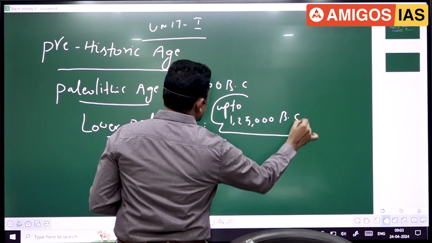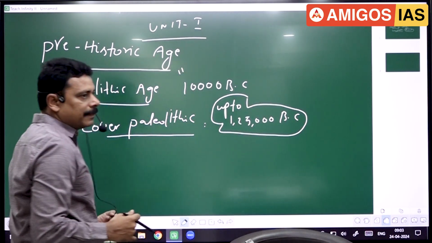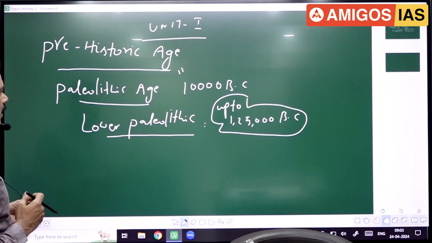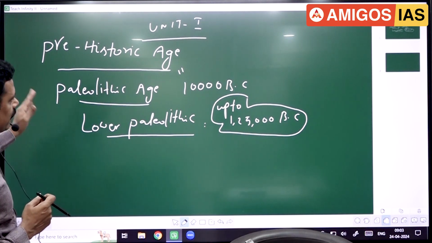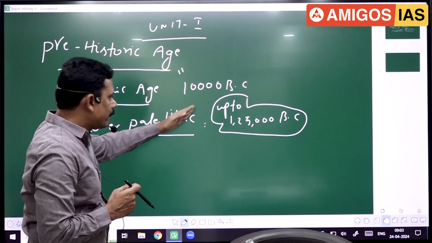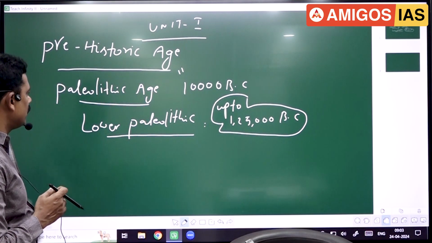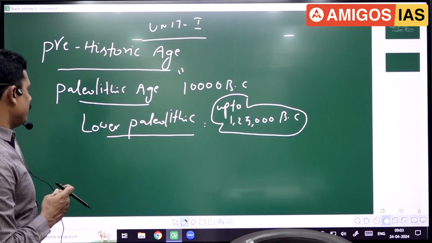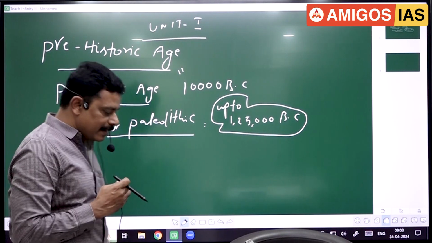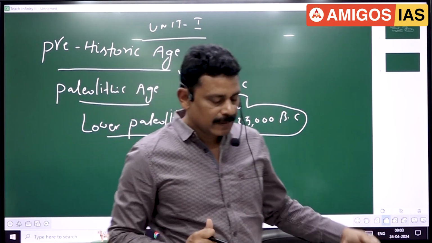So this particular period has been assigned to the lower Paleolithic age. Right from time immemorial up to 1,25,000 BC, this period continues. So what about this period as far as Andhra is concerned?